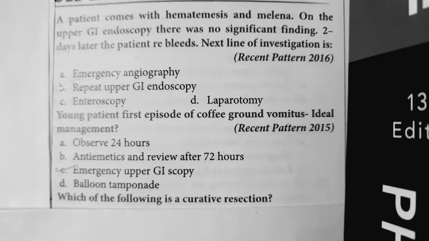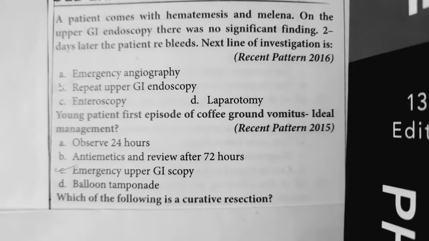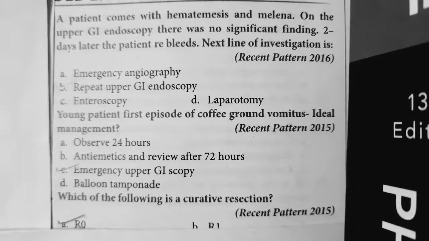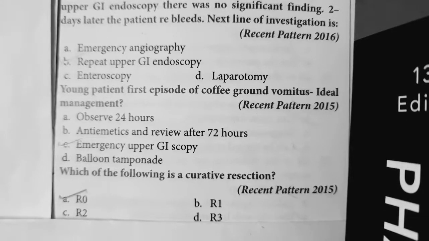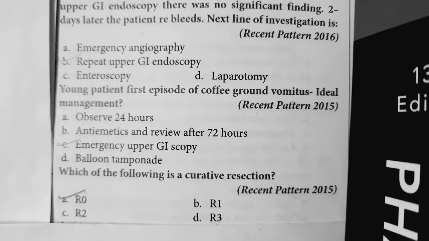Question number 3. Which of the following is a curative resection? We have 4 types of resection: R0, R1, R2, R3. R0 is called curative resection. Why?